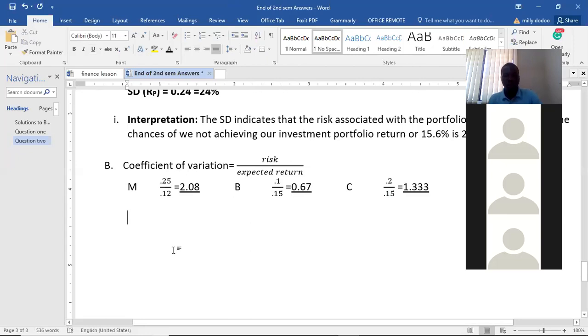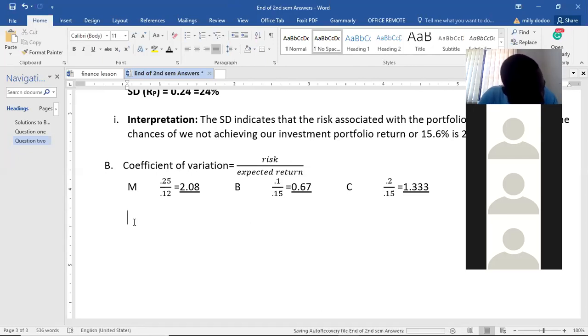B, good. C. So now the question is, which of the investments will you select and why? If you were to invest in one of them, which one will you select and why? Now, the notion here is that the higher the risk, the higher the return.